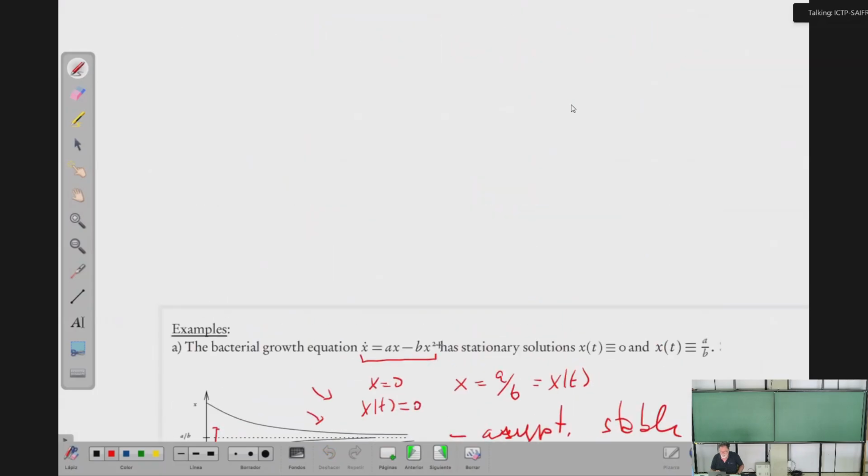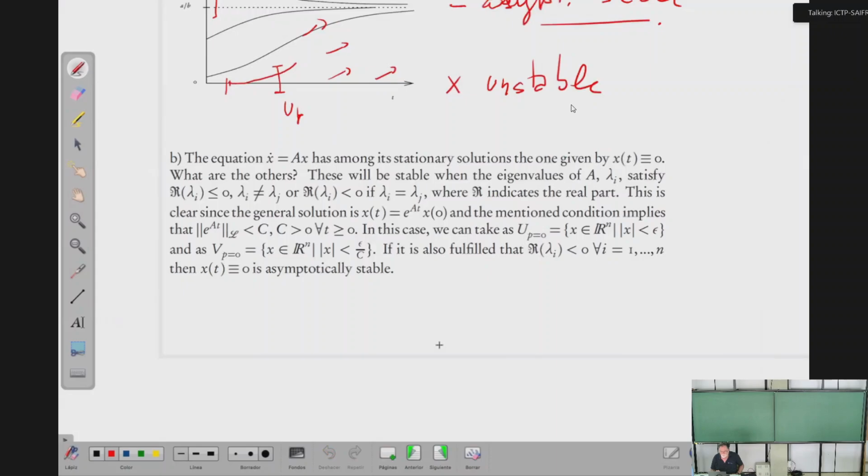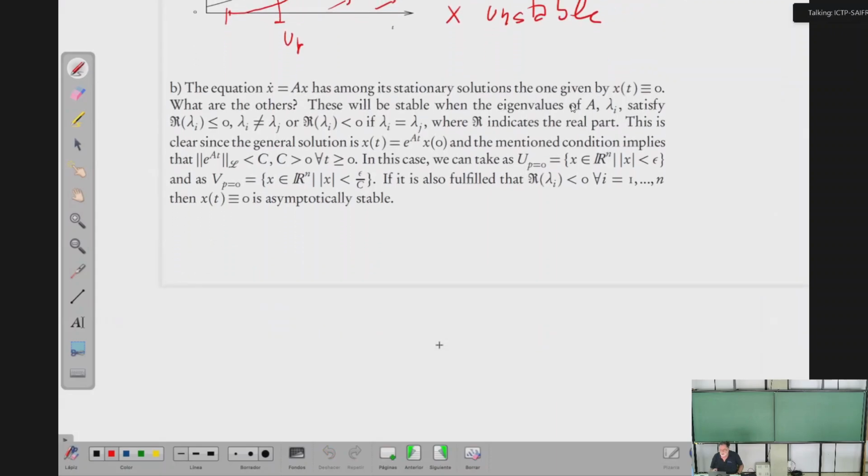Let me see. Here I have this other example before I continue. This example is d_t x equal to A x, where A is a matrix. And you can ask yourself when this system is stable, and you discover that, of course, x equal to 0 is a solution, so you want to know whether this solution is stable.